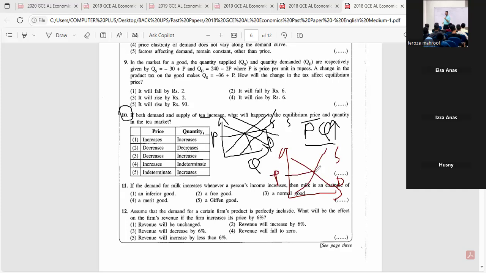Demand increases by a smaller amount, supply increases by a larger amount. Now where is the new equilibrium? The new equilibrium price has fallen, and the new equilibrium quantity has increased.